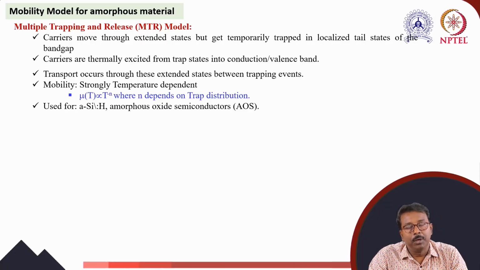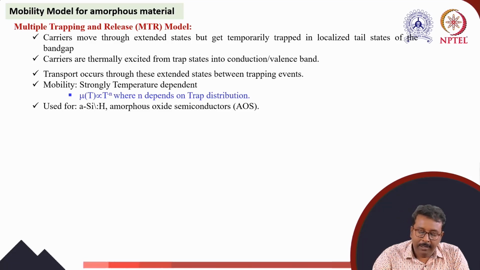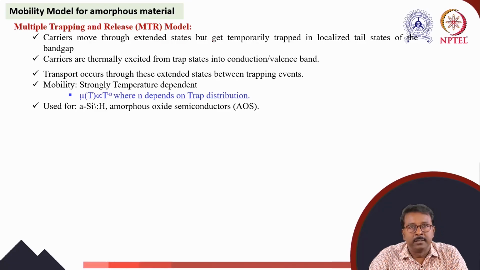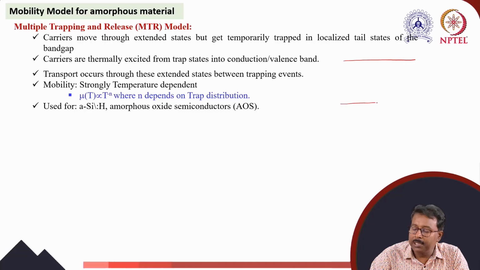First of all, we have to remember that in the case of amorphous material, there are a huge number of trap states and defect states in the forbidden gap, and carriers move through extended states. Extended states are sometimes called tail states. Suppose you have a conduction band minima and this is a valence band maxima.